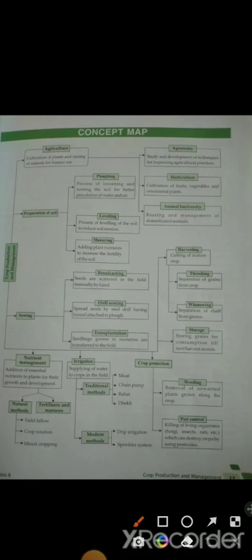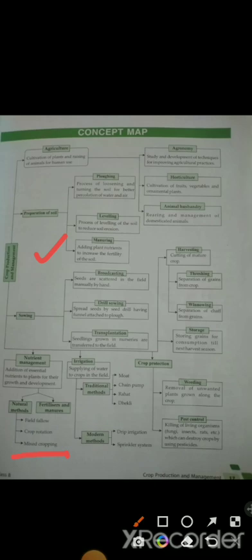Okay, the next one, a few points to be added between the sowing and harvesting, that is maintaining of the nutrition. As I said, manure is added in the first step itself. We need to undergo the nutrition management of the soil after preparing the soil to ensure that enough nutrition is available for the plants.